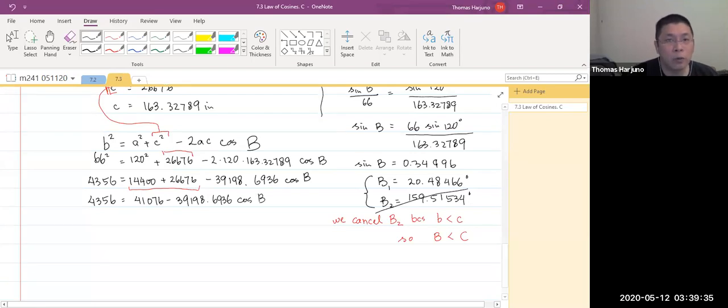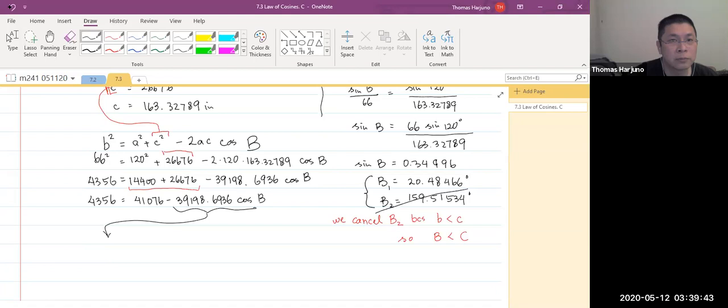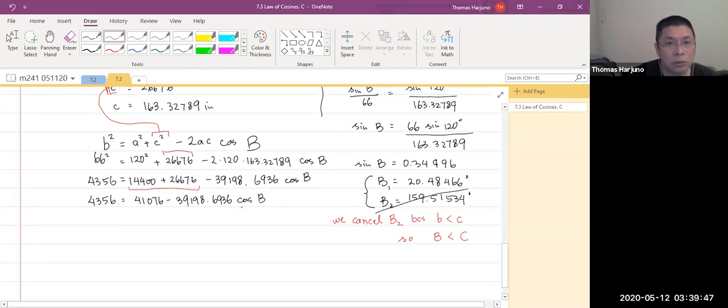And I will move the one with the angle to the left, and the constant to the right. I will move this to the left, and I will move this to the right.